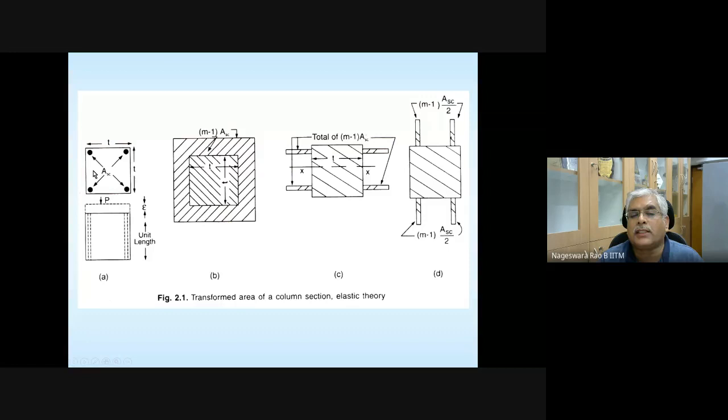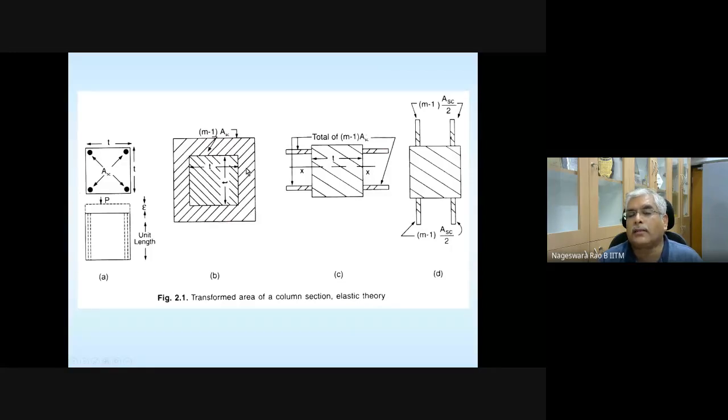And this is how this reinforced concrete section can be shown as an equivalent plain concrete section. You can see here the original gross area is shown here inside, and whatever this area of steel is there, that is disposed in the form of equivalent area of concrete.